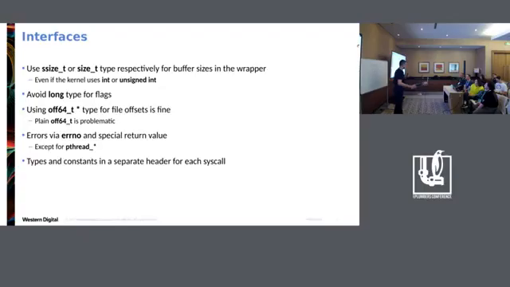Yeah, so back to the types. We want to avoid the long type for flags, because it's not possible to determine whether the extra high 32 bits of the flags will ever be used or not on architectures which have them. For file offsets, a pointer to off64_t is fine.